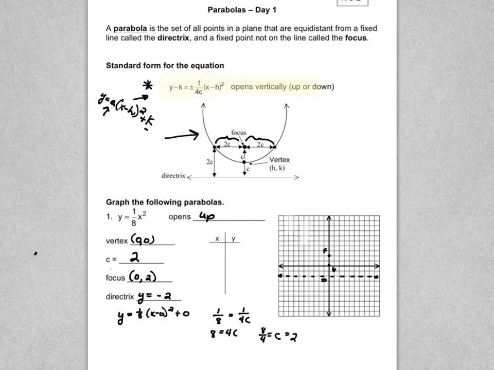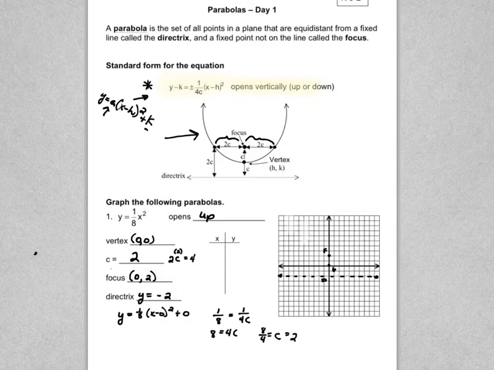Then we know from up here that we have points on the parabola that are 2c away from the focus, left and right, that will be actual points on the parabola. So we have 2c, and c is equal to 2, so 2 times 2, 2c is equal to 4.